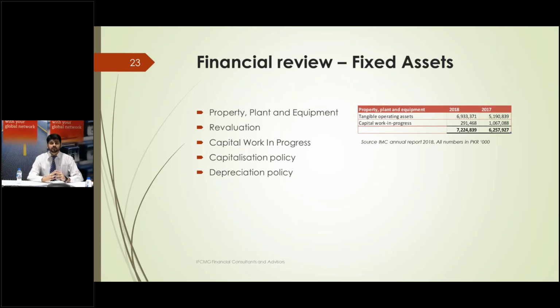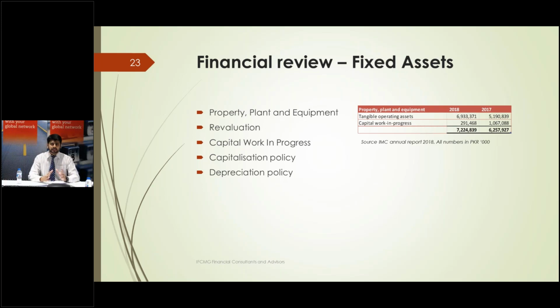So factors that we need to consider in fixed assets are very many. In property, plant and equipment, we need to consider the composition, that is the composition between land, plant and machinery. So that will tell us how smartly the money is invested, and this composition will vary from business to business.